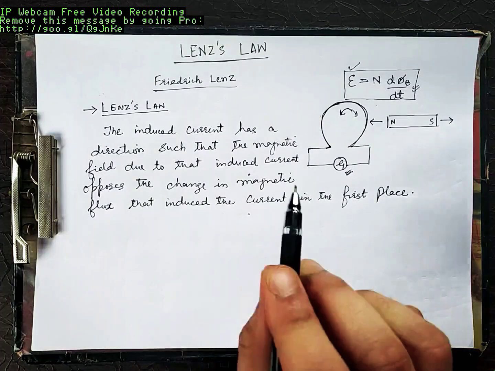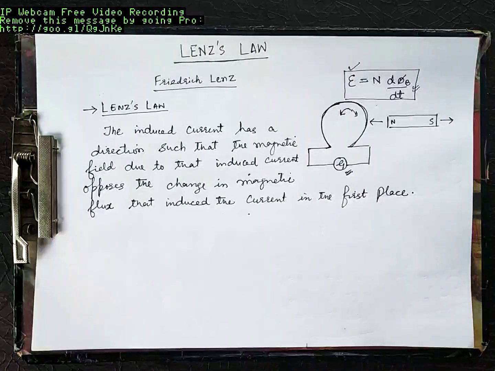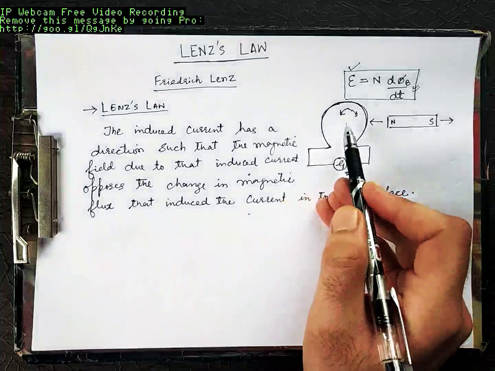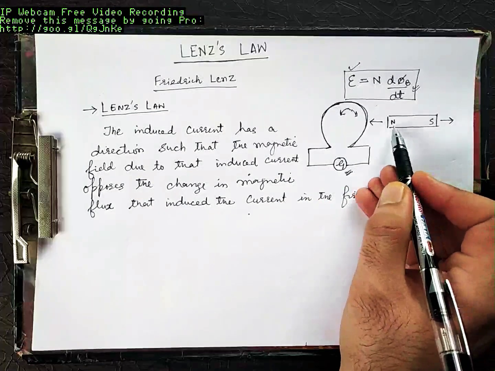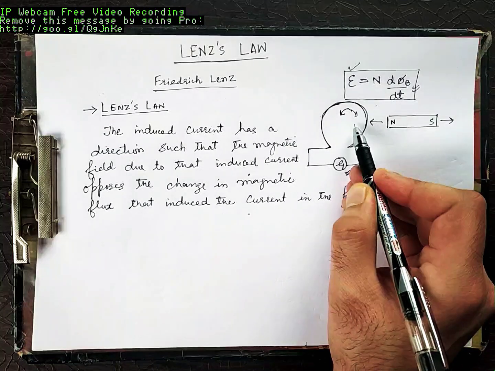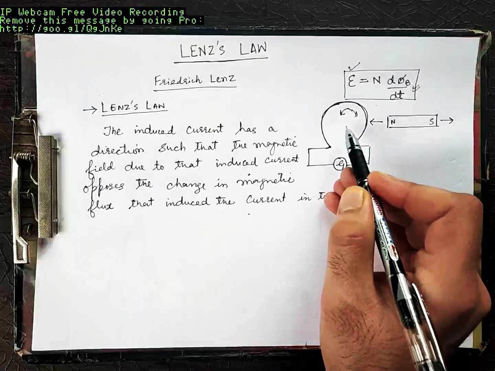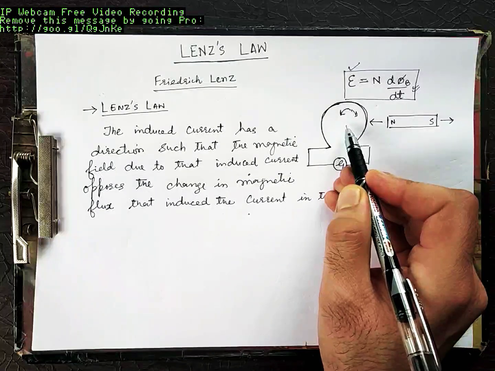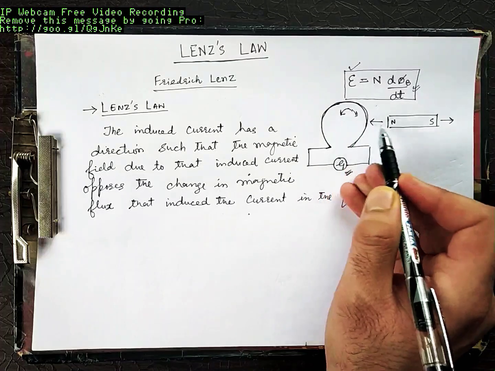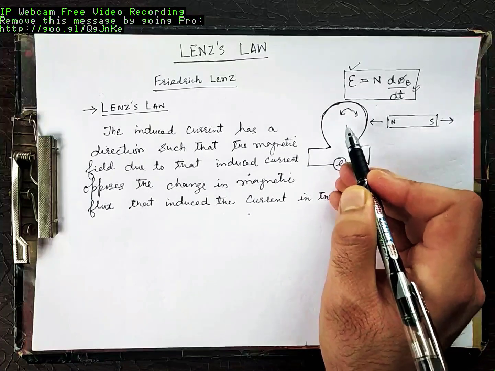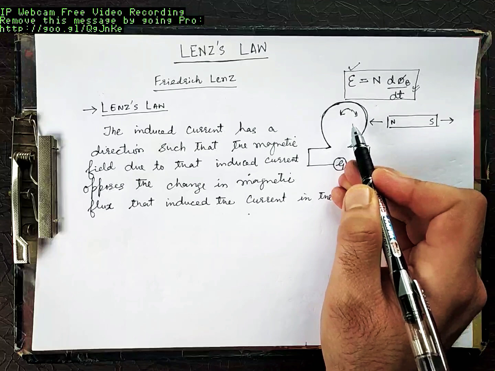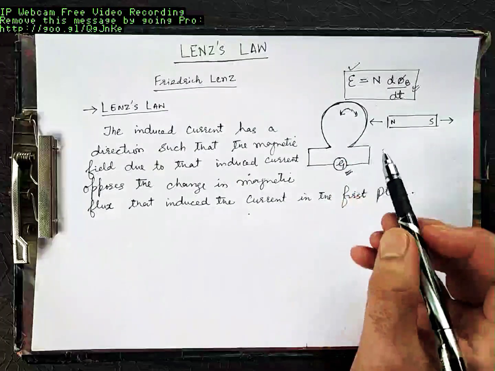In simpler words, if we move this north pole towards the coil, what's happening to the flux? When you push the north pole towards the coil, the number of field lines is increasing, so the flux is increasing.